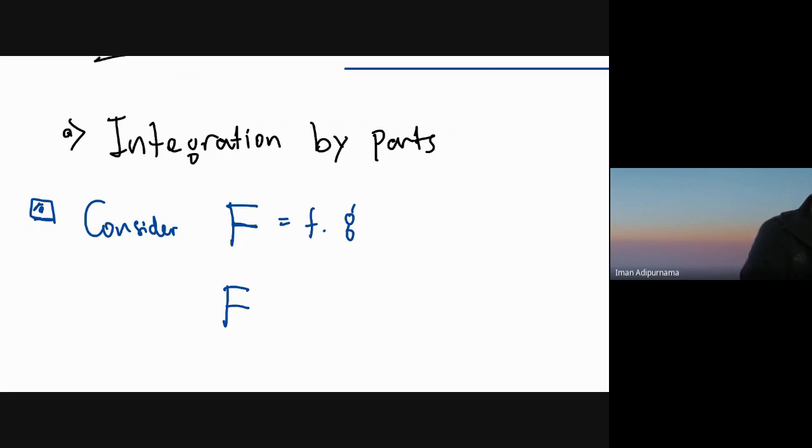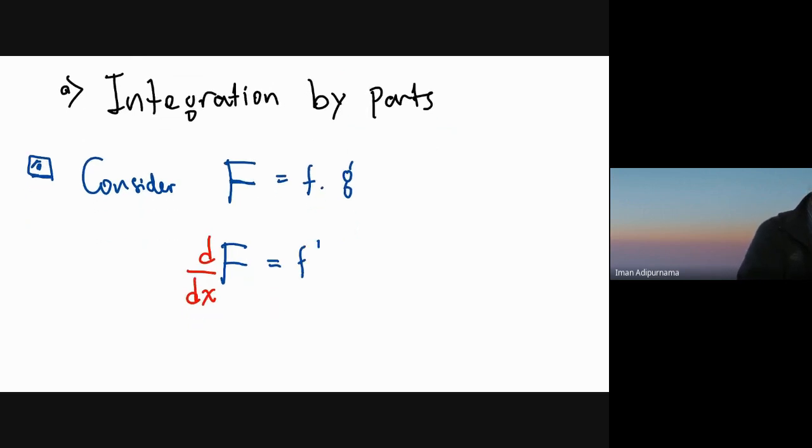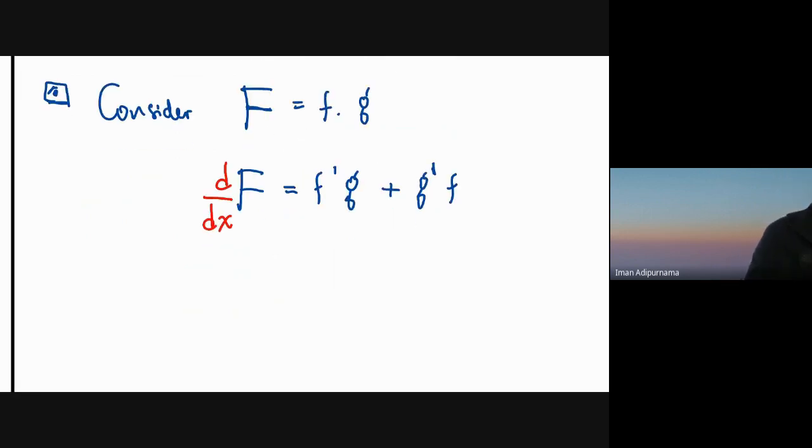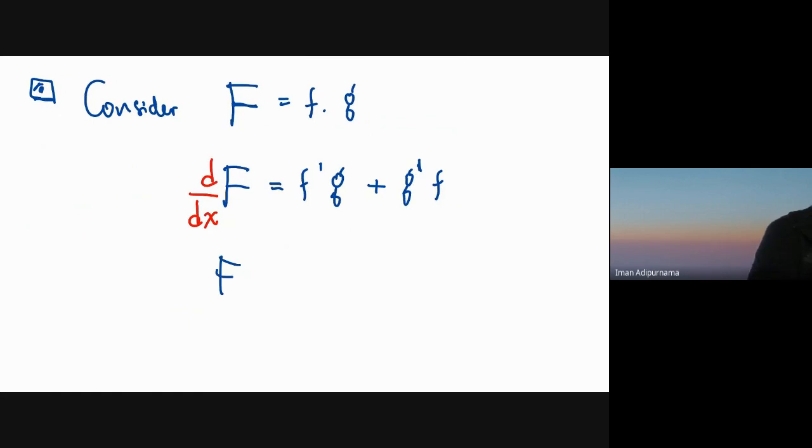If we are going to differentiate this, we will have f prime g plus g prime f, right? Or we can write this as d/dx of f multiplied with g.